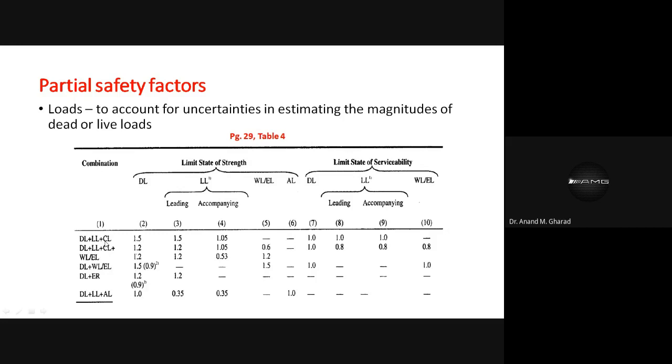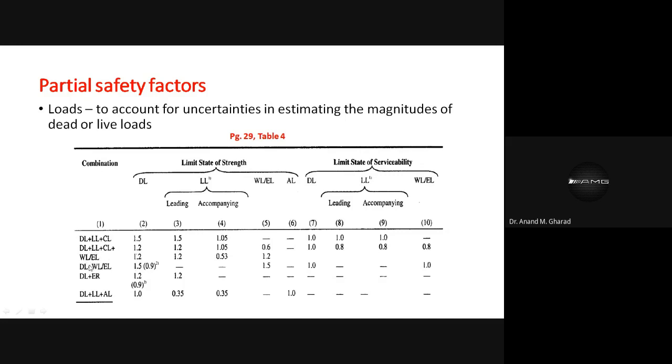These cranes may be mounted at various levels, and by virtue of the crane load you will find some amount of dead load and live load is increased or added, right? So this is one of the combinations. The second combination is dead load, live load, crane load plus wind load or earthquake load.